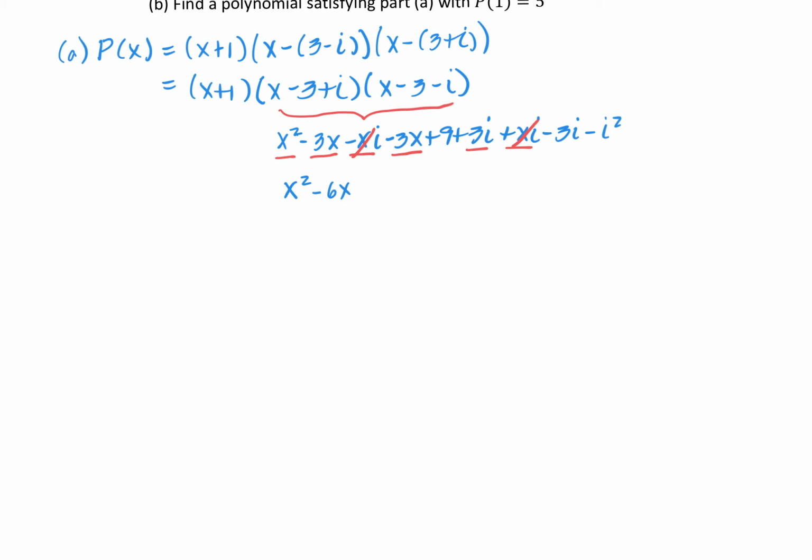I have a plus 3i and a minus 3i, those will cancel. Also keep in mind that i squared is -1, so that's going to be a minus -1 or a plus 1. So we have a plus 9 and a plus 1 would give me a plus 10. And then now I'm going to add in that x plus 1. Here's my polynomial.